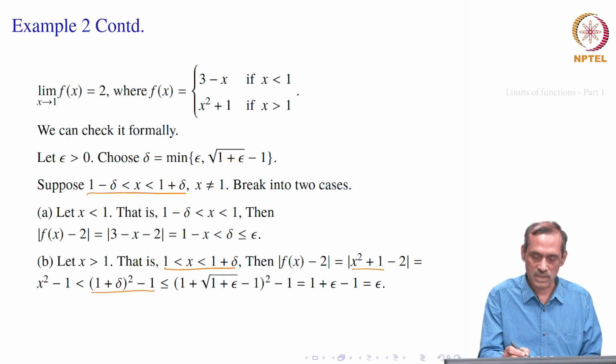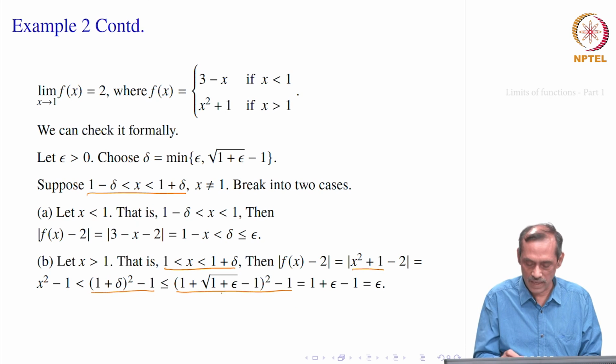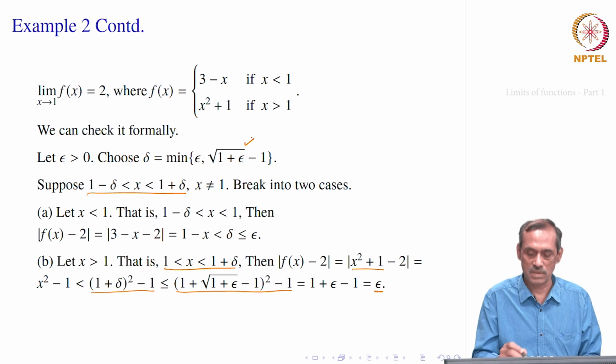Now, delta is less than or equal to the square root of 1 plus epsilon minus 1. So, (1 plus delta) square minus 1 is less than or equal to this, we just substitute that here, and simplify. So, 1 cancels and this gives 1 plus epsilon and again minus 1. So, that is epsilon.